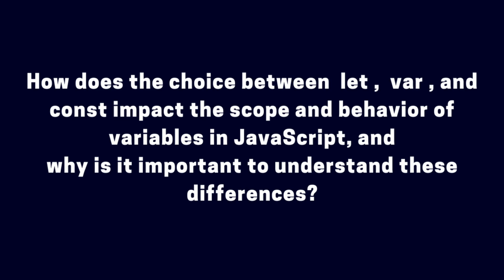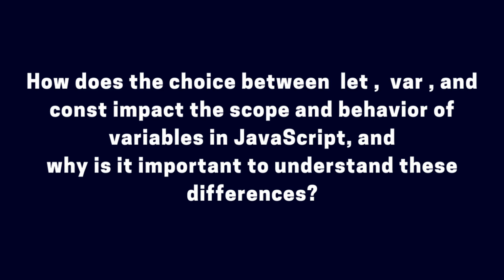With the let keyword, it is block scoped, limiting its accessibility to the block, usually within curly braces, where it is declared. It is hoisted, but not initialized, so accessing it before declaration causes an error. With the const keyword, it is block scoped like the let keyword, but it creates a constant value that cannot be reassigned after its initial assignment.